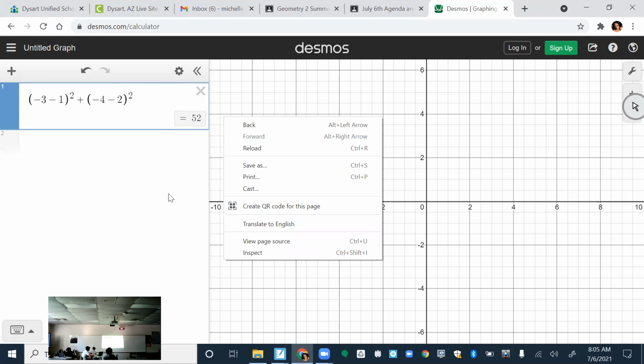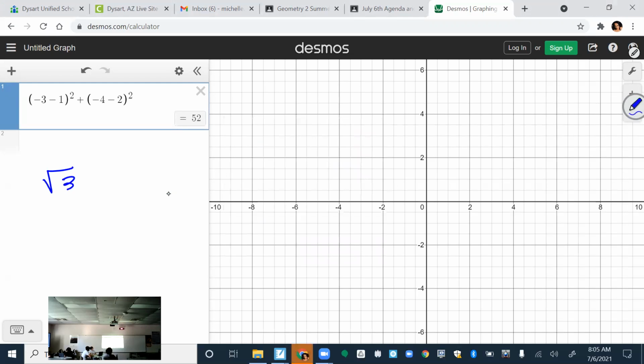Maybe my answer options are square root of 30, square root of 52, square root of 7, square root of 4. If you get a decimal answer and that's not an option, then just figure out what it should have been before you took the square root. Questions?